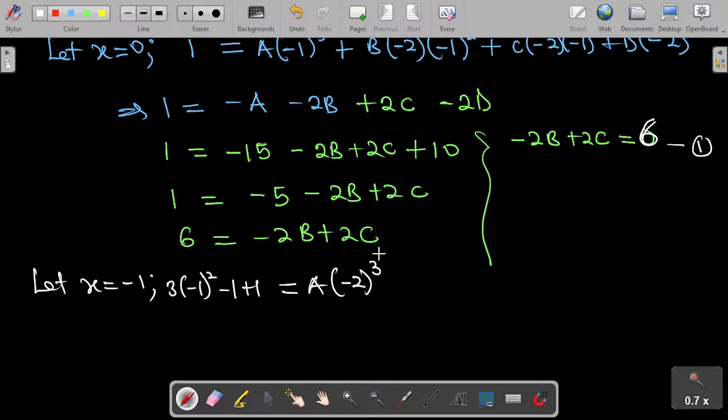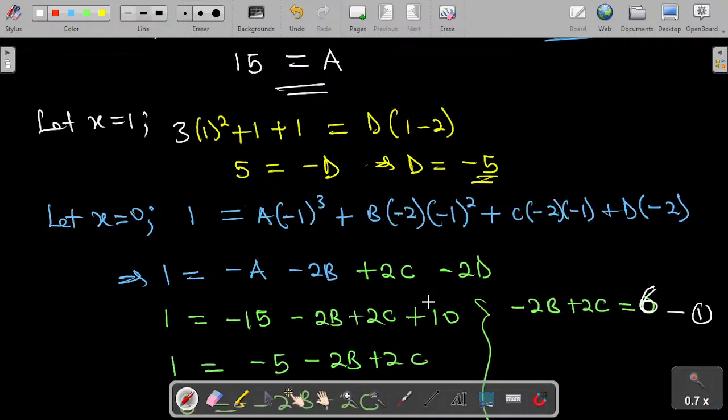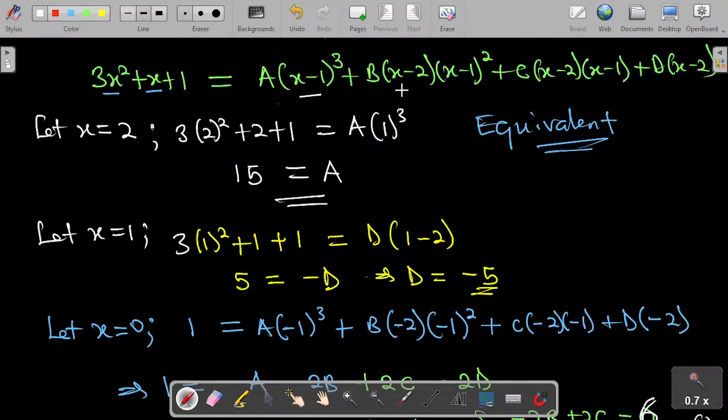Okay, so the next one, here we are now substituting minus 1, and so this is going to give us minus 1 minus 2 is minus 3, and minus 1 minus 1 will be minus 2.